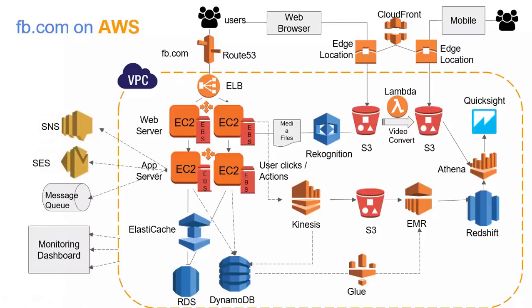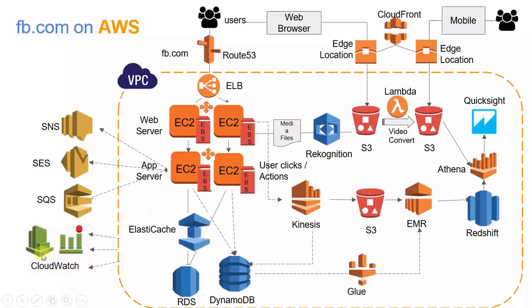Now for messaging queues for a chatting application, Amazon has built its own queue service which is called SQS, Simple Queue Service. And finally, to monitor all this infrastructure, how my EC2s are doing, what's the CPU utilization of EC2s, how the database is doing, all this can be monitored in real time using a service called CloudWatch.